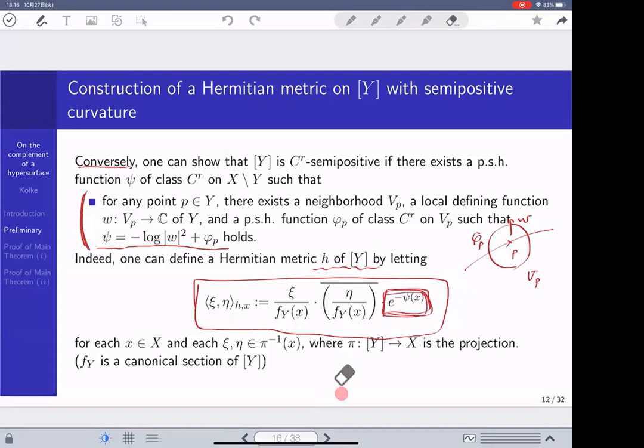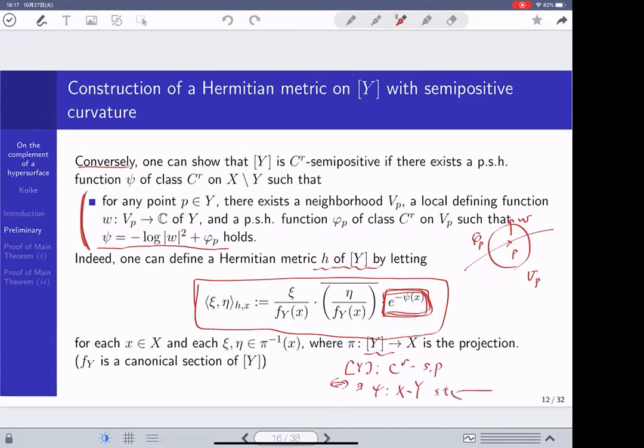Then, as psi has logarithmic growth and Fy is a canonical section, this h is actually a CR Hermitian metric on Y. So roughly speaking, what we showed in this section is the condition Y is CR semi-positive if and only if there exists a nice PSH function.